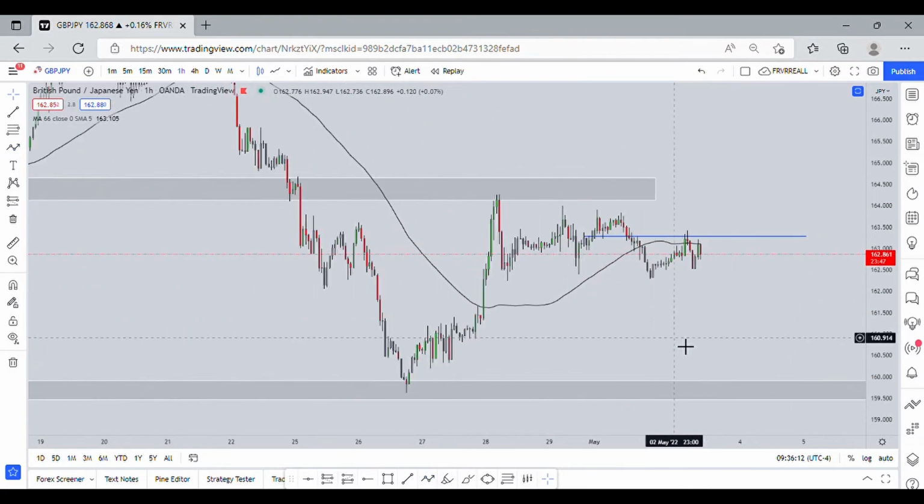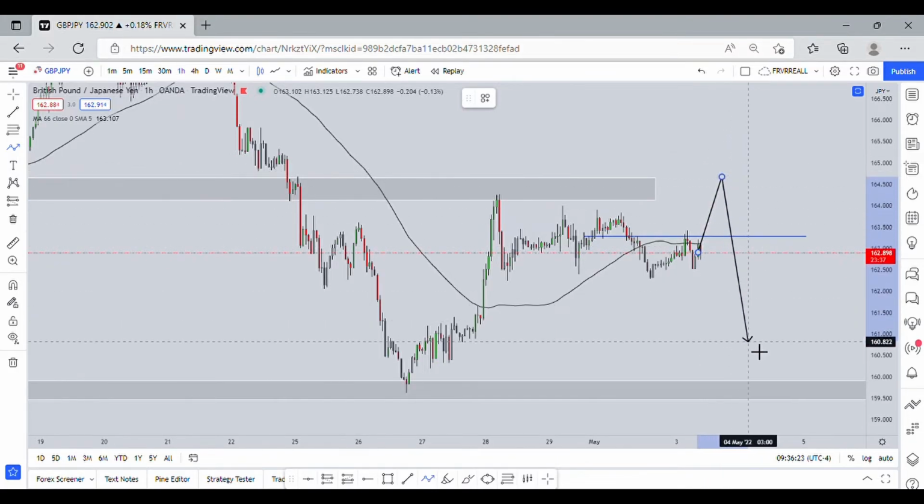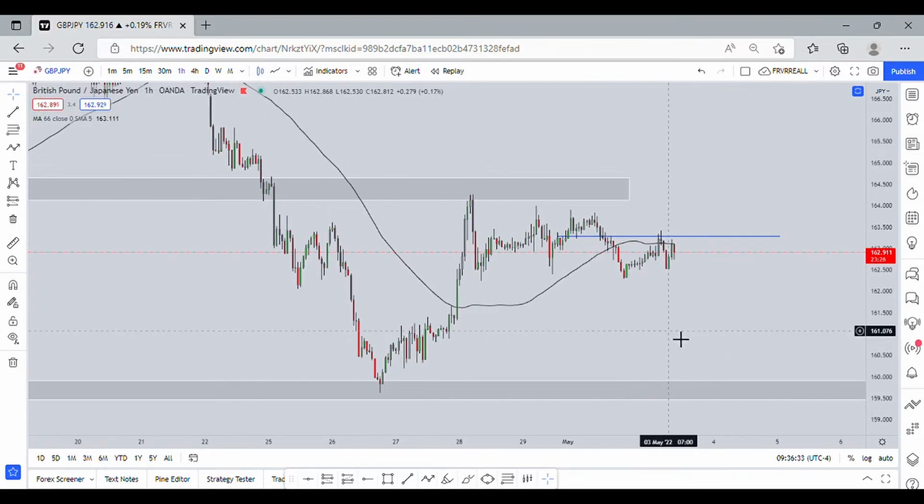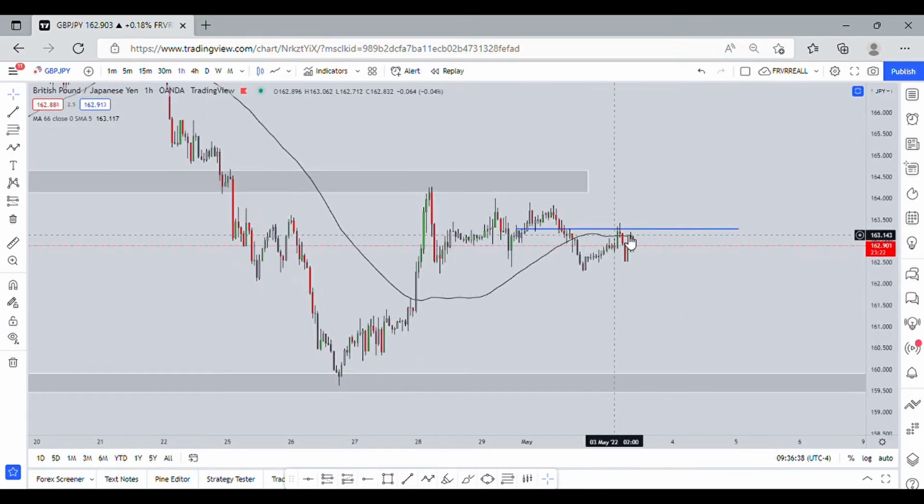Because price could easily come here, spike through with just one small wick, and then come back, and it's not really a reliable level anymore, right? Because it's not gonna help you manage your risk and protect your entries, basically protect your trades from being wicked out, right? And you don't want that.